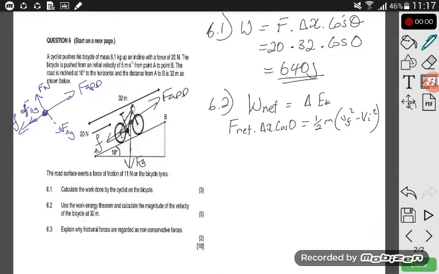Now in this case we are more interested in these three forces to get a net force, that is the net force that is moving this object up here. So to get that net force, F net is equal to the applied force plus the force of friction plus the parallel component of gravity.